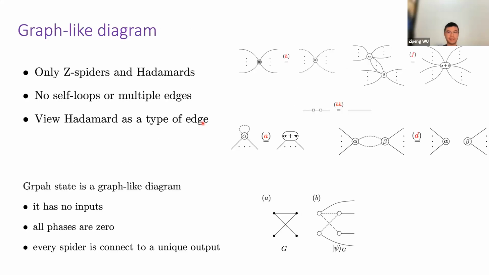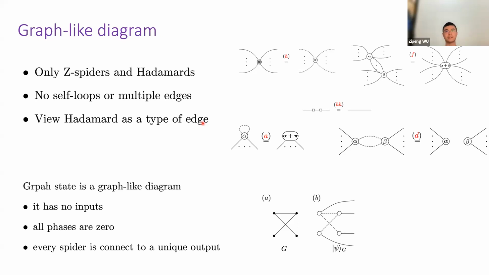So I guess I'll give a little bit of talk about the graph-like diagram. The graph-like diagram is a very powerful approach for the simplification of ZX diagrams. Basically, it converts all the X spiders into Z spiders, replaced by the Hadamard edge. So the diagram will be left with Z spiders and Hadamards.